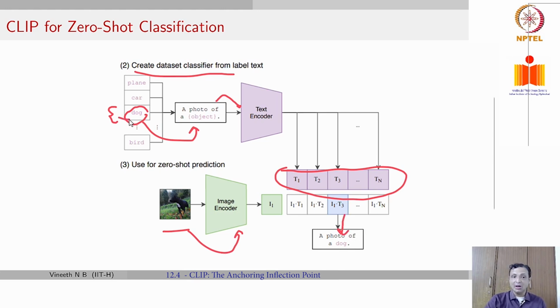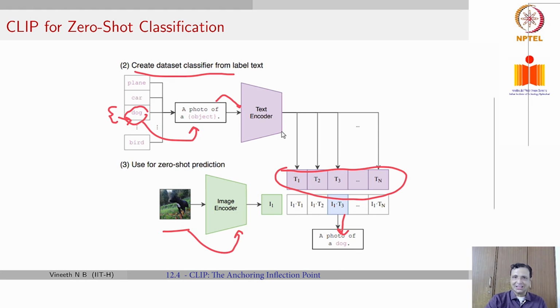This label, dog in this particular case, may not have been seen during training at all. How does this magically happen? The hope here is that the image encoders and text encoders have learnt such good image and text embeddings that even for unseen classes and images, it is able to map these two embeddings to a space where if we compare the image and text embeddings, the correct matching automatically happens even for unseen classes.